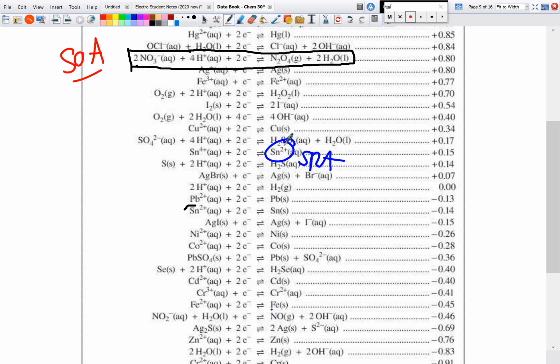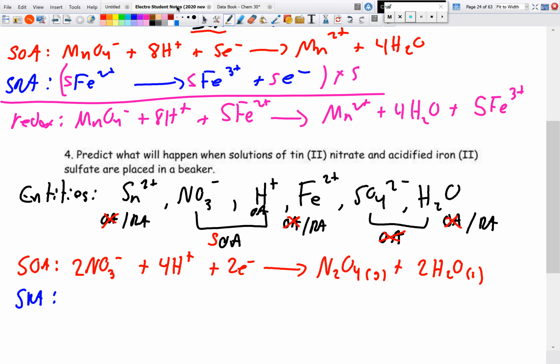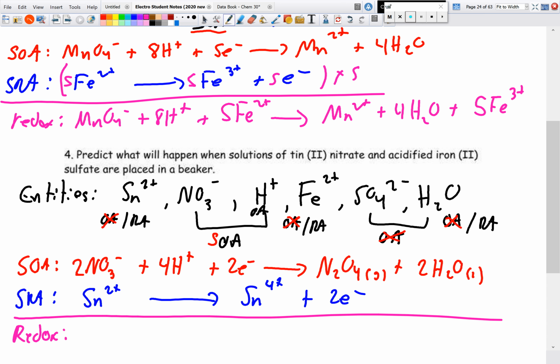And remember, when we write this reaction, it is going to have to be written from right to left. So we write it in reverse. So we got tin 2 plus producing 2 electrons and tin 4 plus. So of course we add these together and we will notice the electrons already match up.